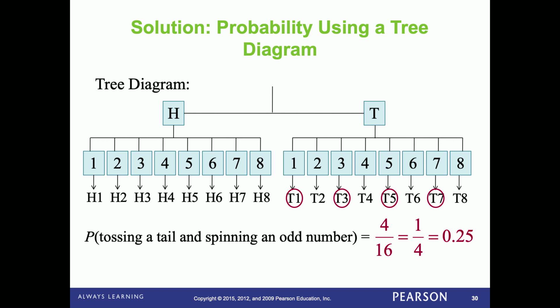And this is how you use a tree diagram. Now remember, if you add another event that has multiple positive events, a tree diagram becomes very messy and hard to create.